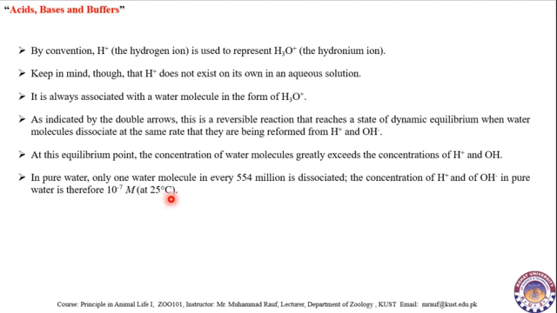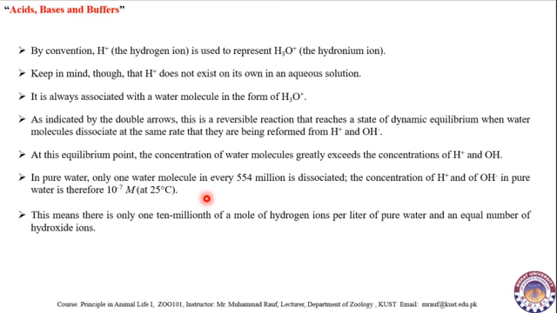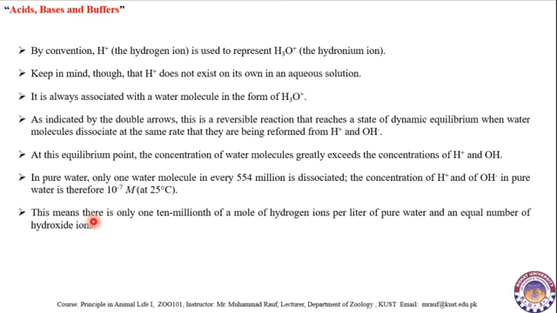Remember, you will see in different books the phrase room temperature. So 25 degrees centigrade is usually referred to as room temperature. This means there is only 1/10,000,000th of a mole of hydrogen ions per liter of pure water and an equal number of hydroxide ions.